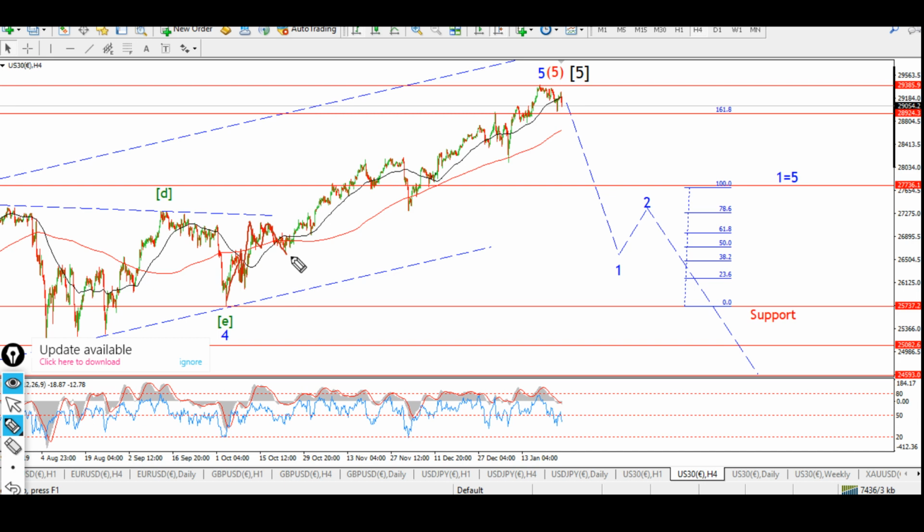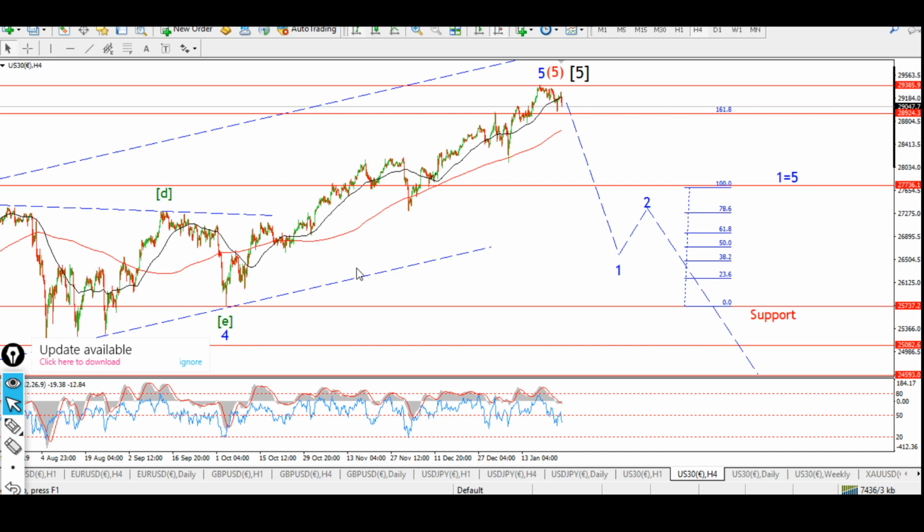So that would be 5 individual moves of 3 waves each, and that is very much a possibility also, given the fact that we have an accumulation of 3 wave moves.